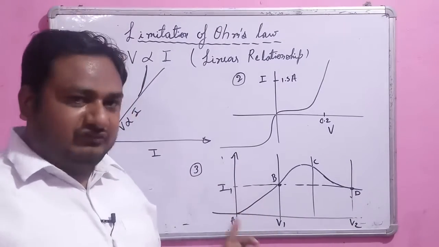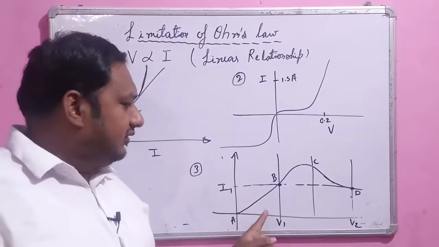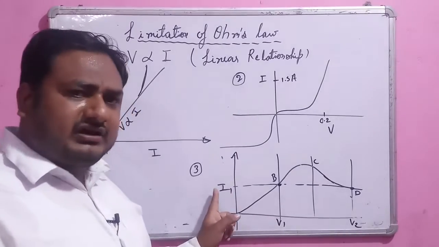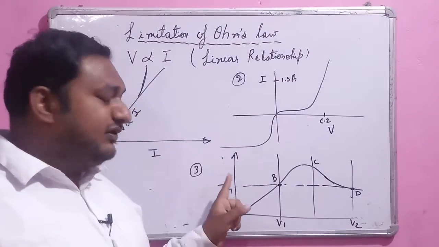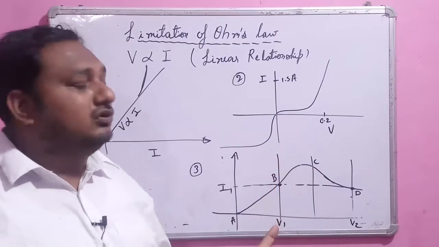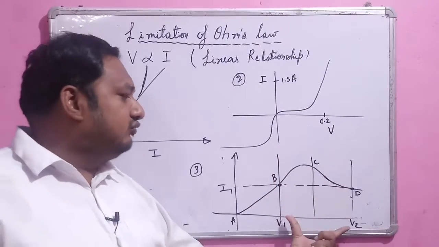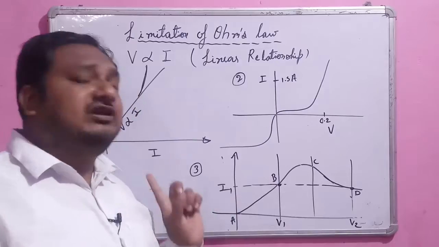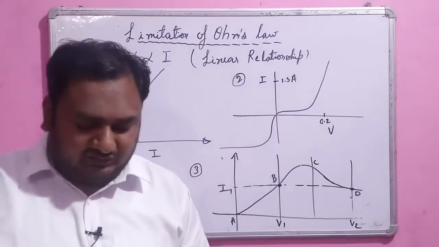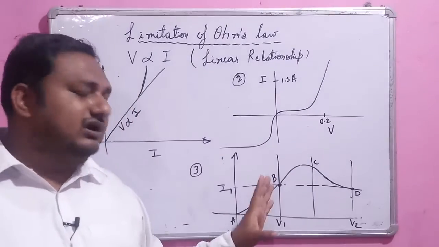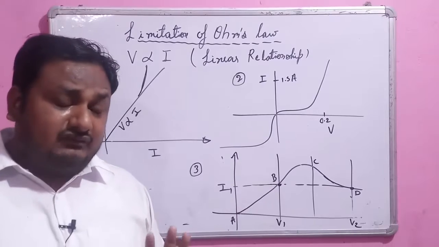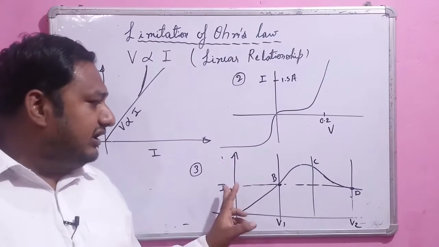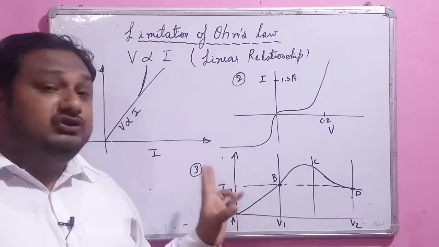What should have been done? For V1 we should get I1, and for V2 it must be I2. But this graph shows that for two values of potential difference, we are getting the same value of current. So we conclude that the value of potential difference is not unique.